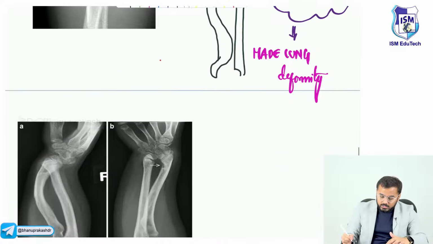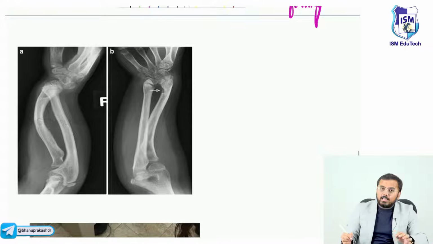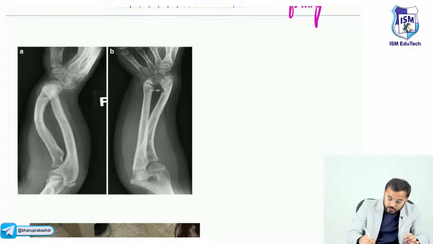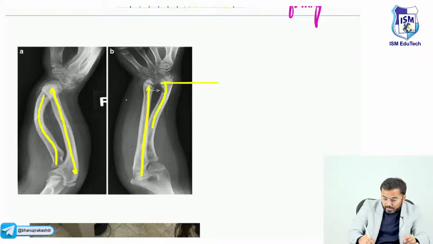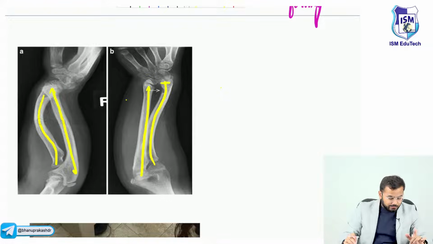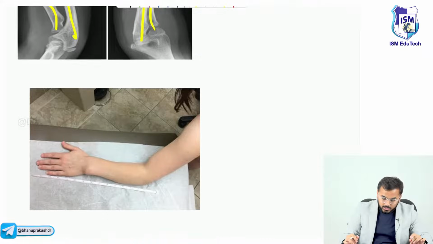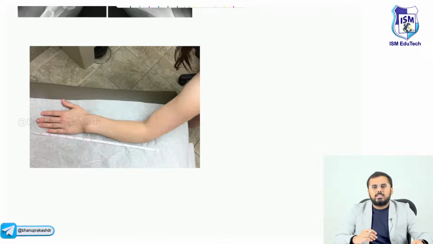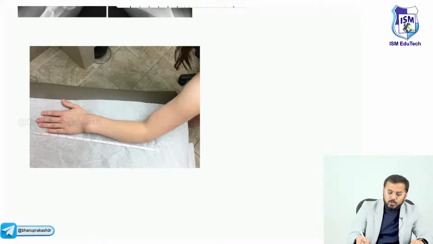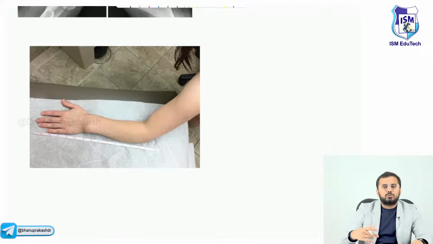So you see a Madelung deformity over here, you can see it clearly. The ulna bone is perfectly straight, and the bone that is bending is the radius. Here also the ulna bone is perfectly straight, and the bone bending down here is the radius bone. All of you are clear, guys? If you look at the real hand, you cannot see exactly, because there are muscles and tissues overlapping here.